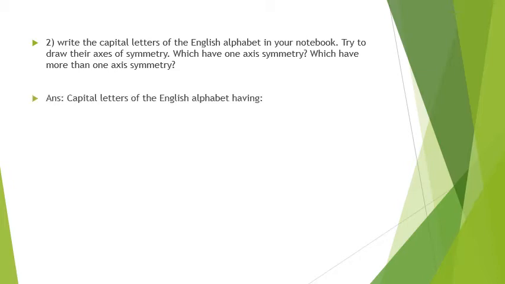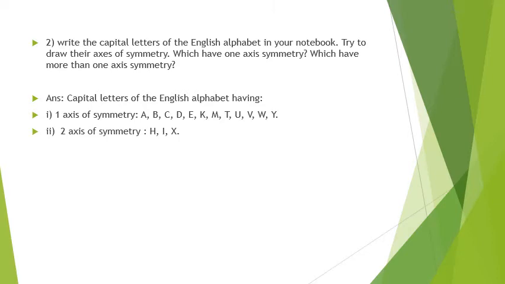Here are some of the capital letters of the English alphabet having one axis of symmetry. They are A, B, C, D, E, K, M, T, U, V, W and Y. So these are the English alphabets which have one axis of symmetry.